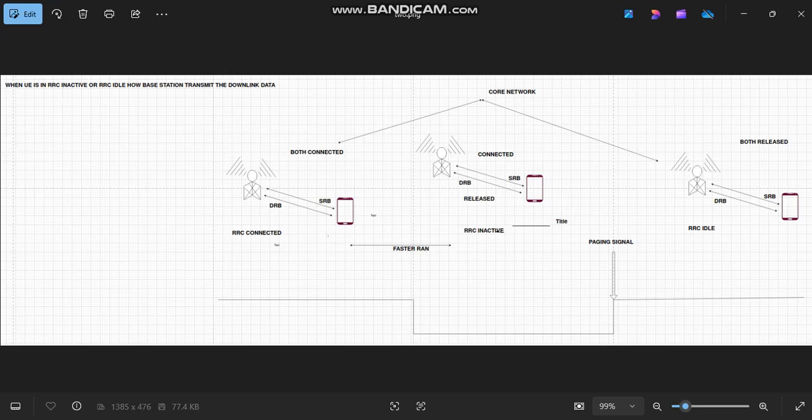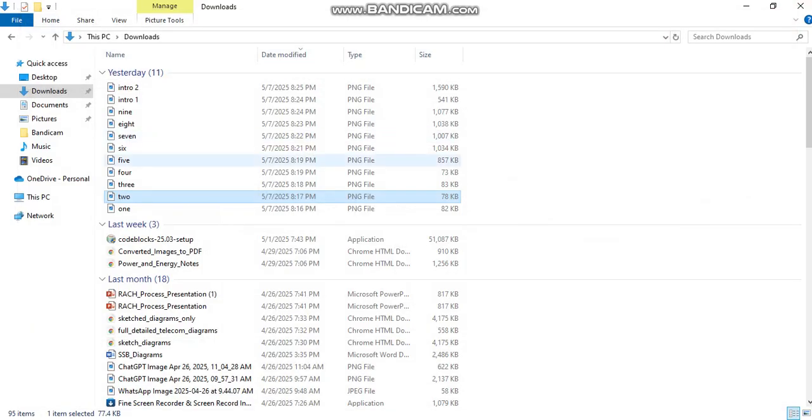So for that, even in RRC inactive or RRC idle, we should have a concept of RRC connected, so that if at all a base station has to send the downlink data to the UE, it has to be in the state of receiving that downlink data. So in order to activate that, the paging signal is sent first by the base station. So for that, the UE has to be in the RRC connected state even at the time of RRC inactive or RRC idle state. So here, this is a big question mark.